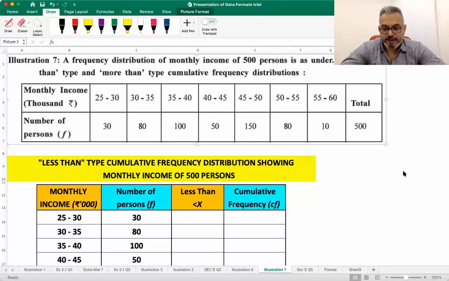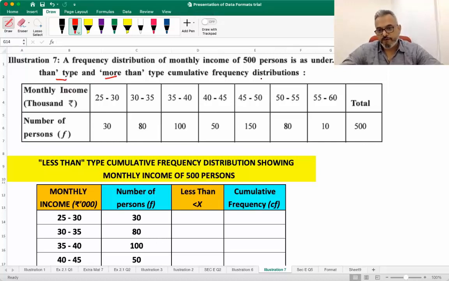So we start with illustration number 7. A frequency distribution of monthly income of 500 is as under. Obtain less than type and more than type cumulative frequency distribution.